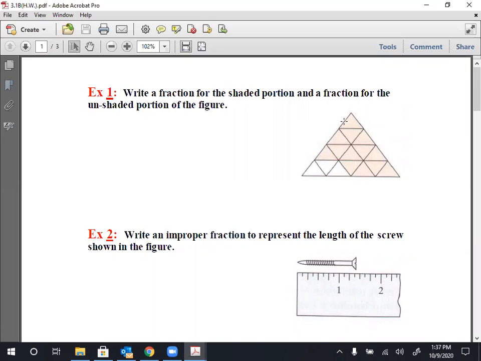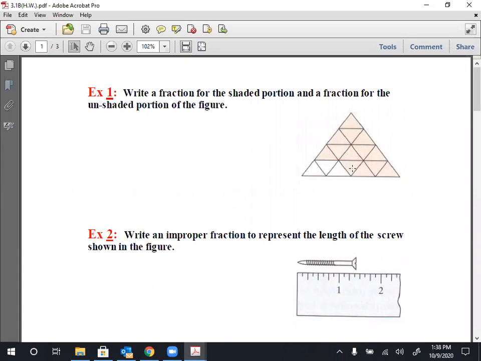So on the bottom, there's 1, 2, 3, 4, 5, 6 triangles. And then the next row has 5 triangles. And the next row has 4 triangles. You see it? So 1, 2, 3, 4. You have to count all the triangles.